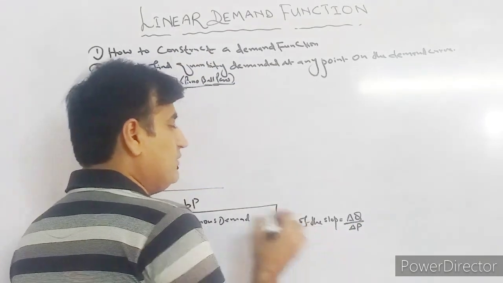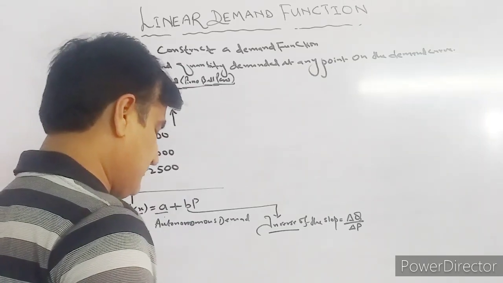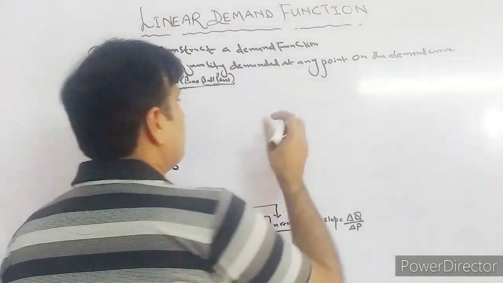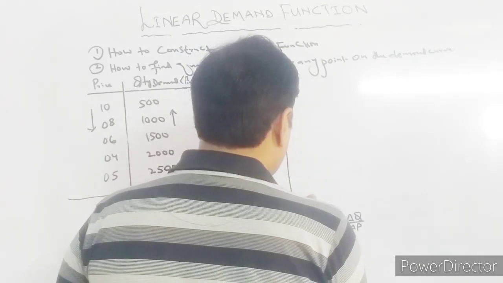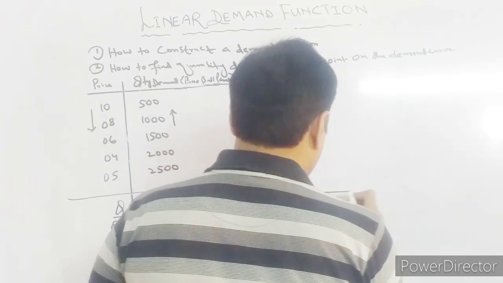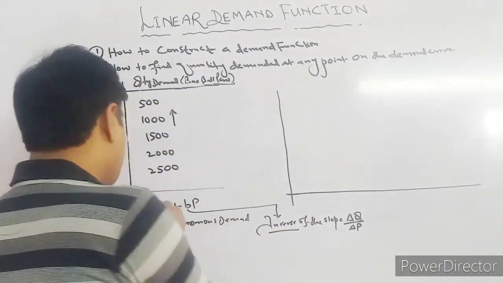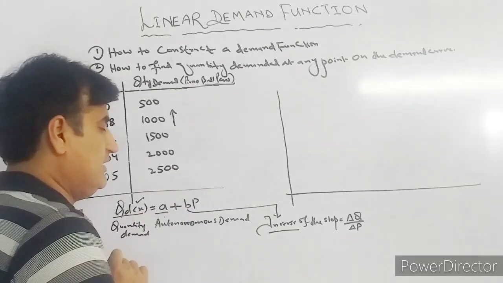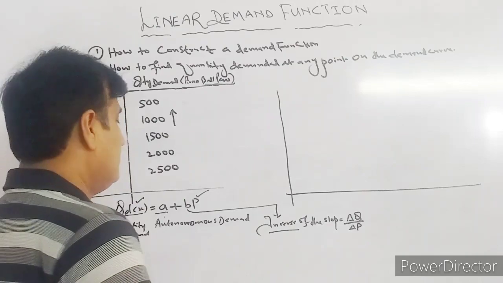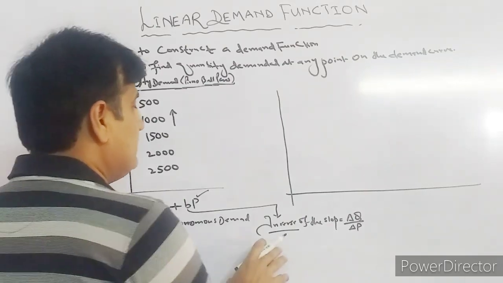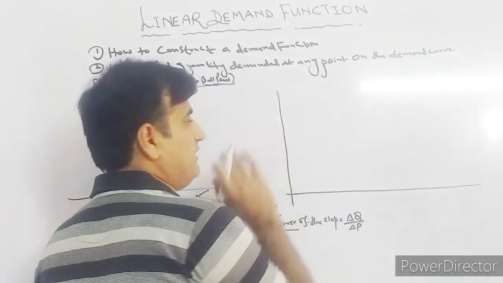This is the inverse of the slope because in this function, if we plot a graph, quantity demanded is the dependent variable, where P, price, is the independent variable. That's why here we find how much quantity demanded changes with respect to change in price.